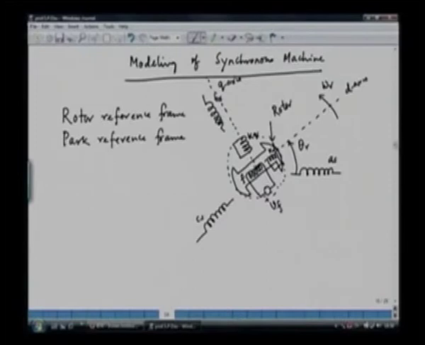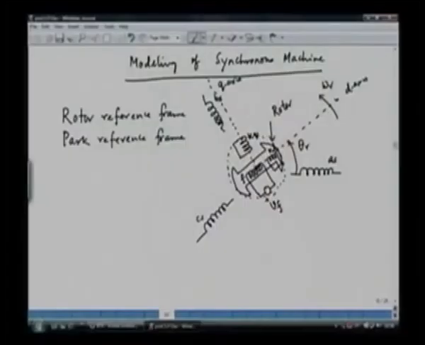Now if you take the rotor reference frame, we have certain advantages. The advantages are as follows. When you take the rotor reference frame, the inductances of the synchronous machine, which are space dependent, become constant inductances, because in the D axis the air gap is constant. Air gap is always constant in the D axis.